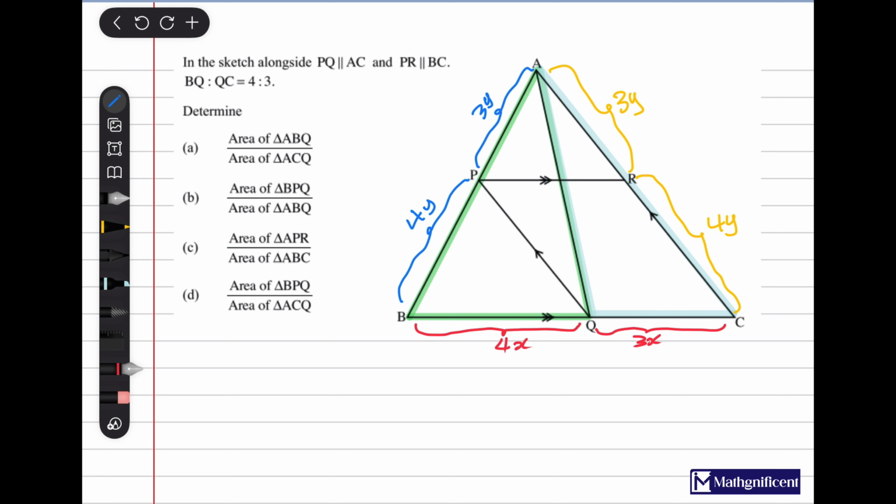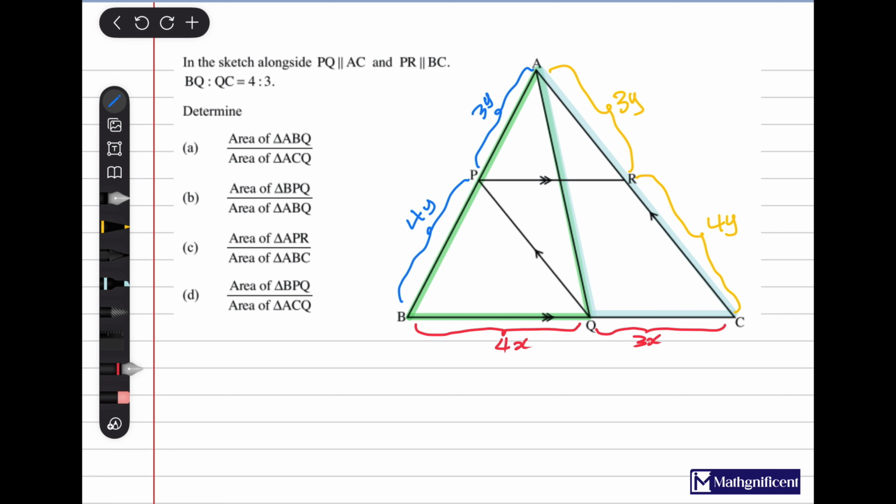If two triangles are sharing the same vertex, the ratio of their areas is going to be equal to the ratio of their bases.